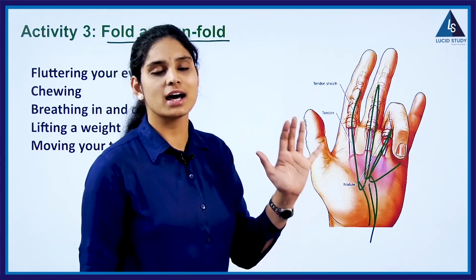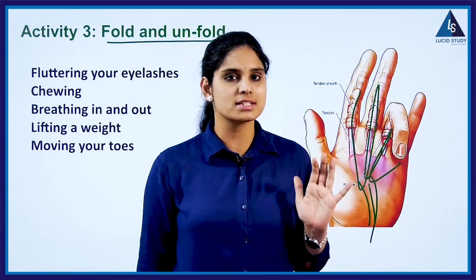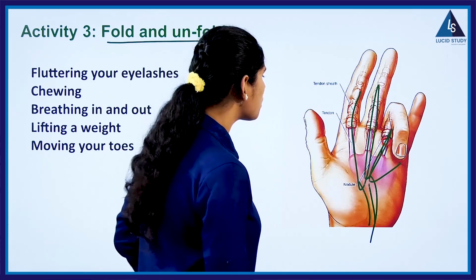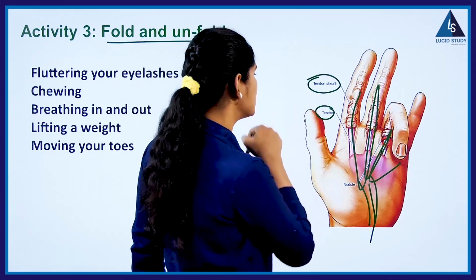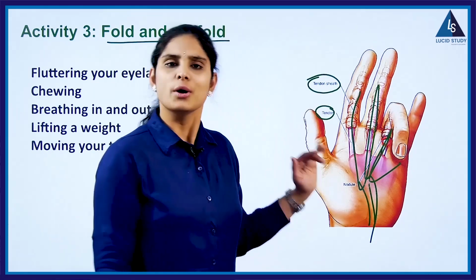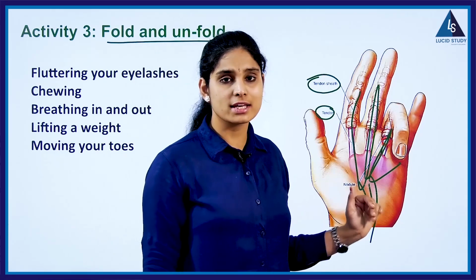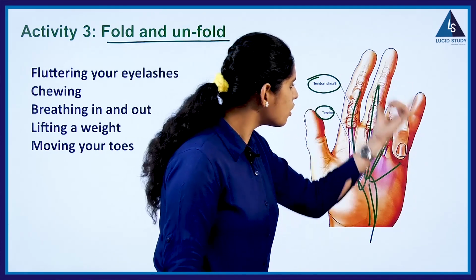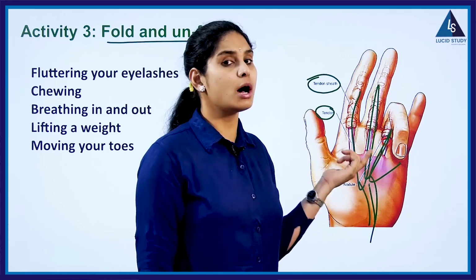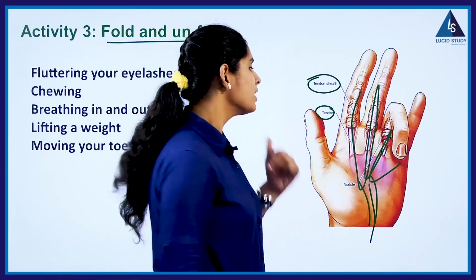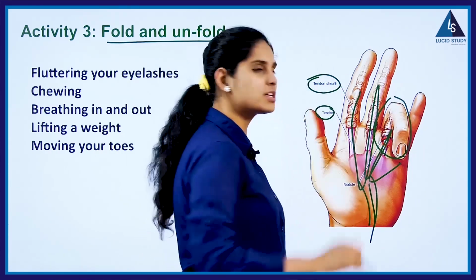No. So these are the internal structures, we call them muscles, right? Now here, as you can see, some other structures are also labelled: tendon sheath, tendon, nodule. Well, these terms we'll learn in a higher session, but focus on the fingers which were bent. Now how many fingers are bent over here? Yes, only one finger is bent, right?